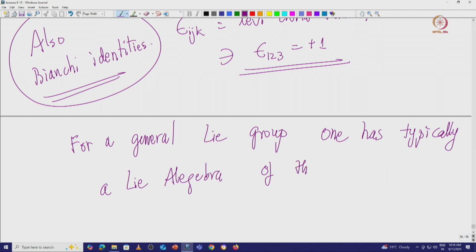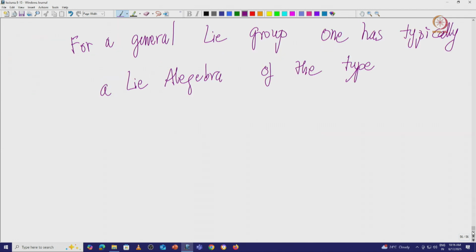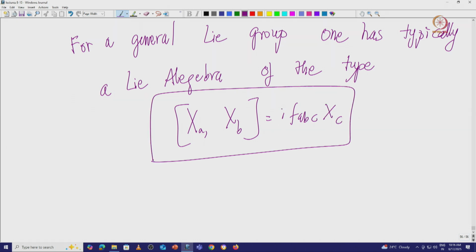of the type [X_A, X_B] is equal to i f_ABC X_C for its generators, and these are called the structure constants of the group.